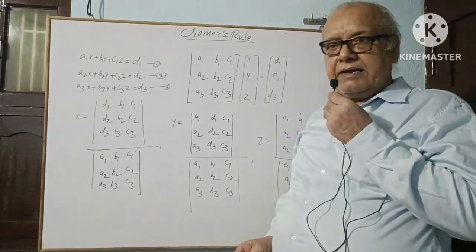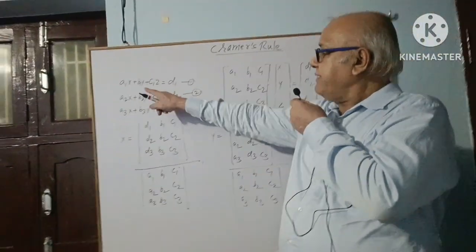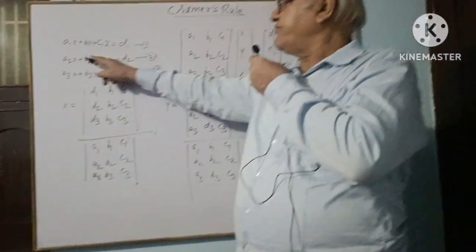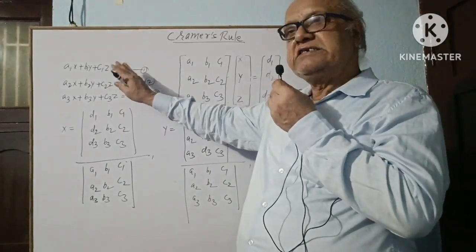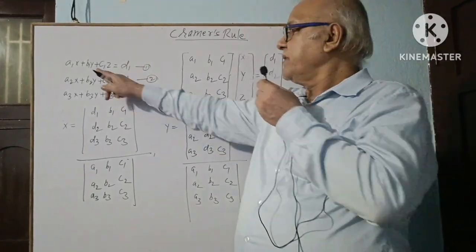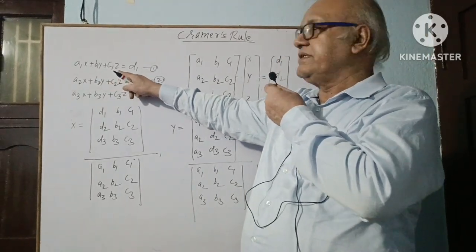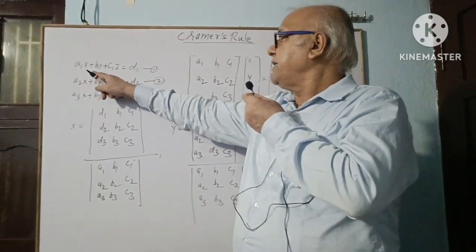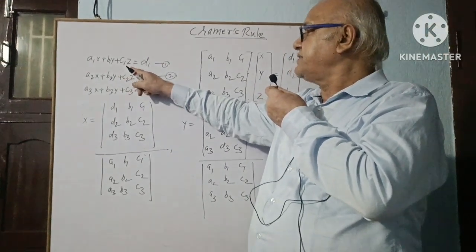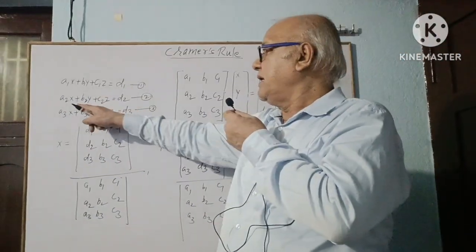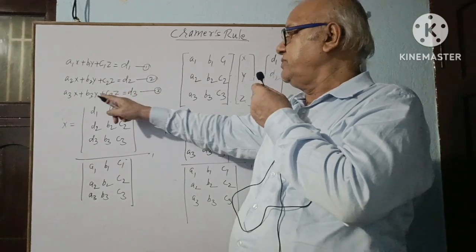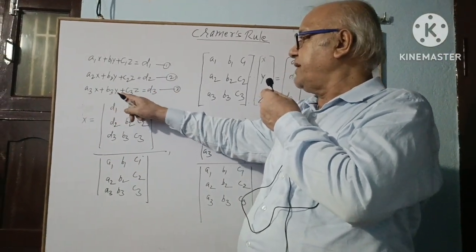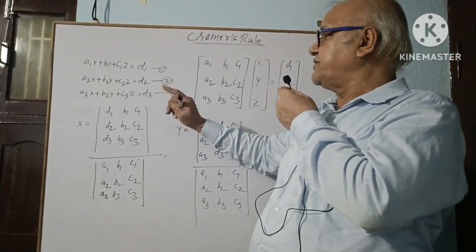To explain Cramer's rule, suppose that there are three linear simultaneous equations: a1x plus b1y plus c1z is equal to d1, a2x plus b2y plus c2z is equal to d2, a3x plus b3y plus c3z is equal to d3.